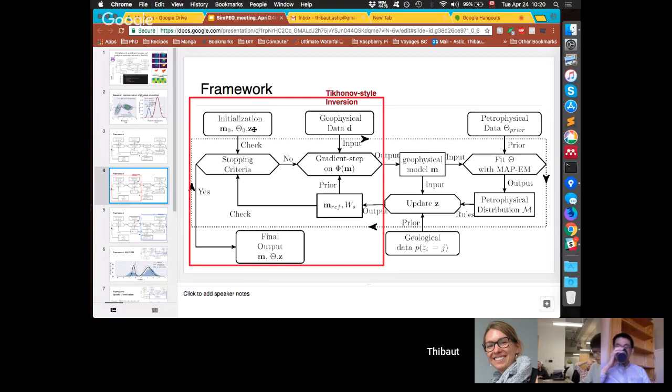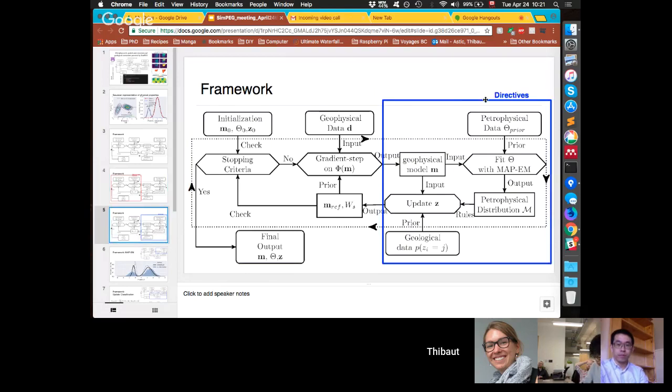So it's kind of like an interpretation of your inversion. So how we do that is, all this part is what we do usually in SimPEG, and that's the part I really added, and most of it happens in the directives.